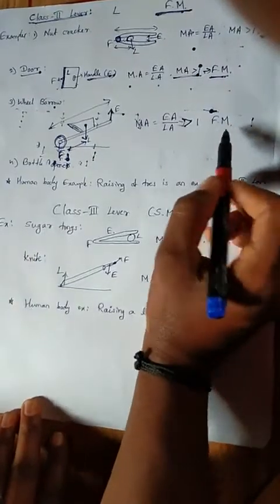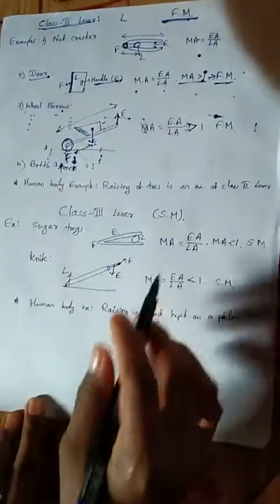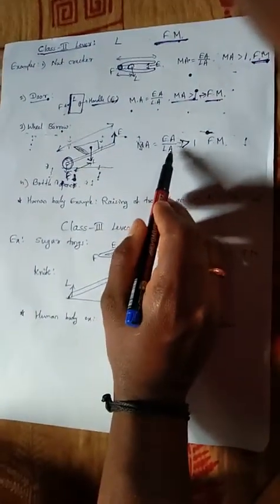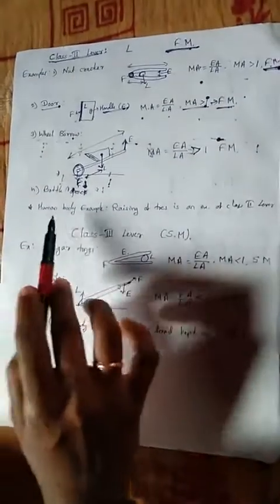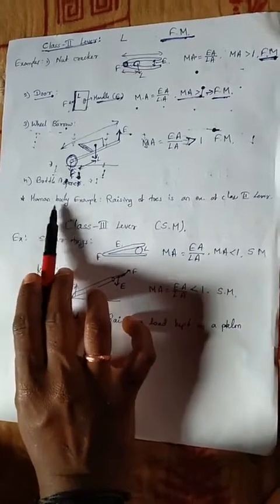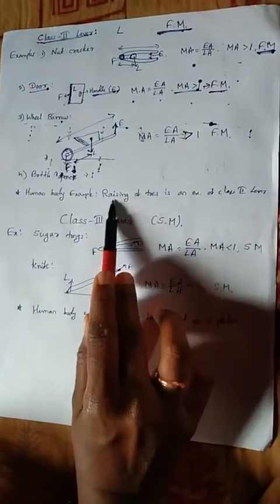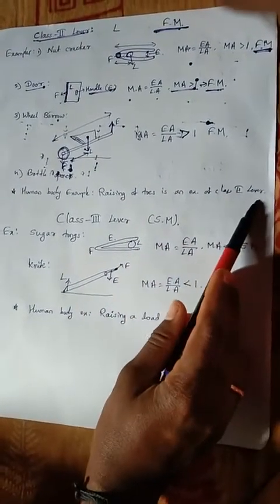So this also acts as a force multiplier. And the bottle opener is also an example of a class 2 lever. Here also the mechanical advantage, effort arm by load arm, is greater than 1, and it also acts as a force multiplier. In the human body, raising of toes is an example of a class 2 lever.